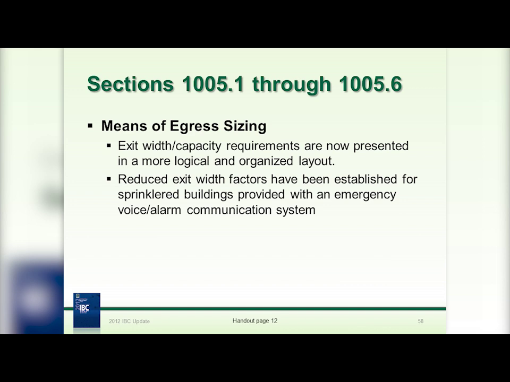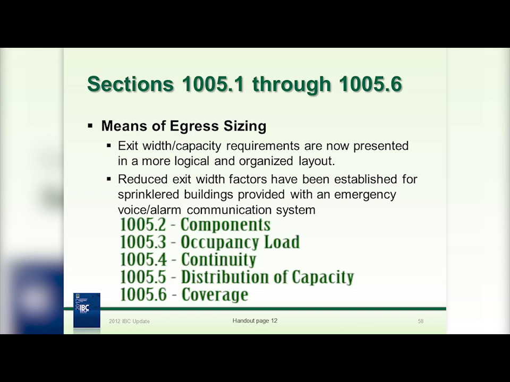So 1005.2 is now width based on the components. Point 3 is the capacity based on the occupant load, and that's subdivided into stairways and other elements like corridors, doors, and ramps. Point 4 is continuity. Point 5 is distribution of capacity, and point 6 is coverage.